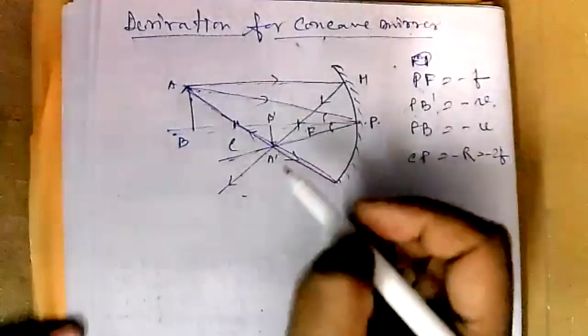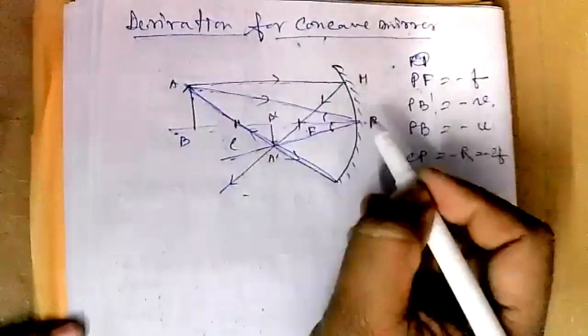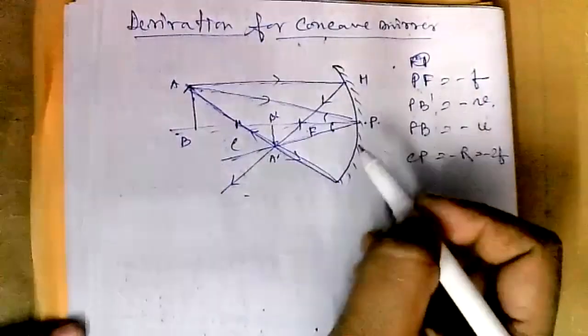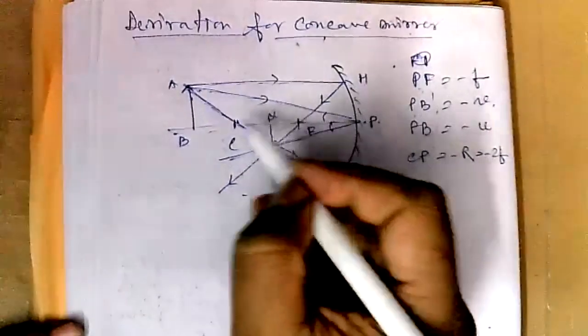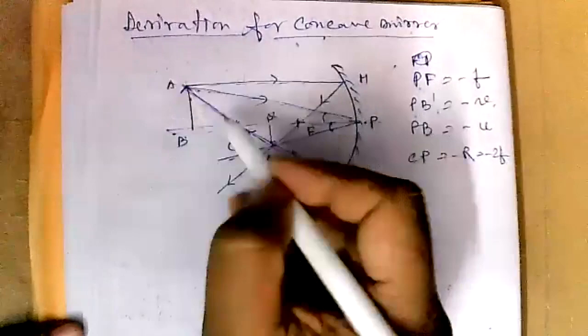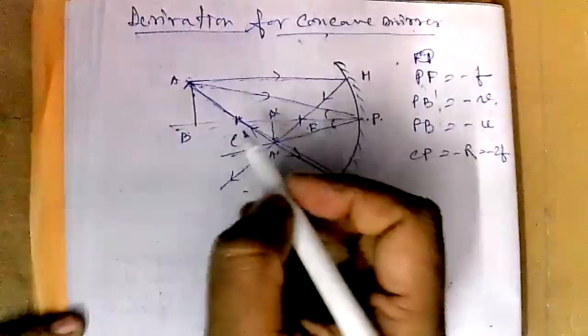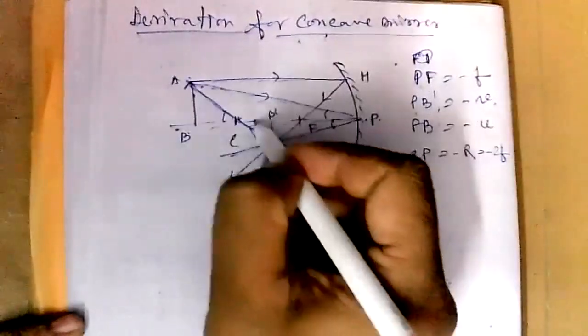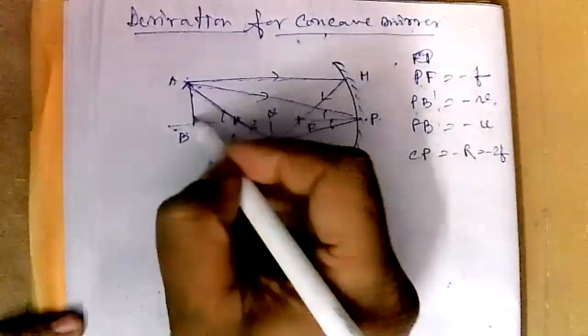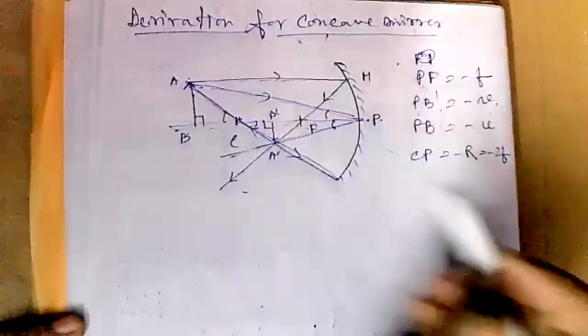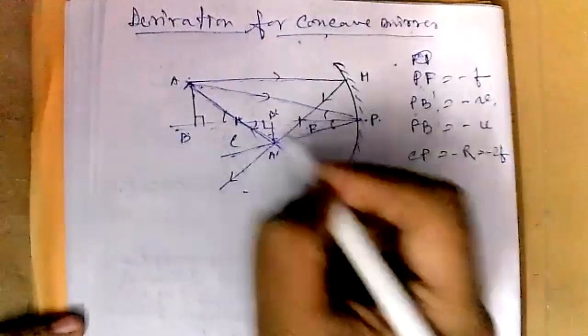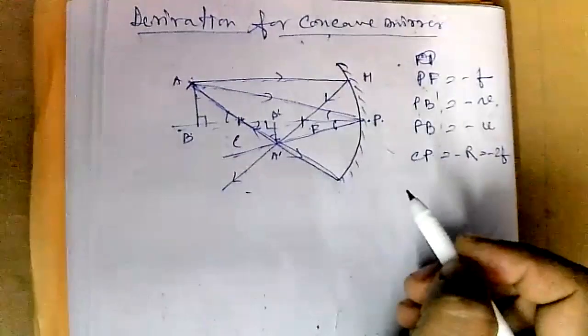Now consider the triangle A dash B dash C and ABC. These two angles are same. These two angles are perpendicular, 90 degrees. So the third angle should also be same.